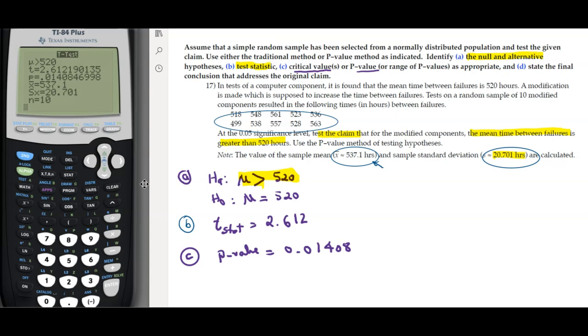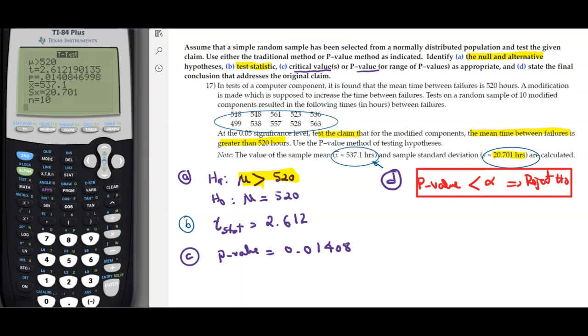And then we're going to decide right now whether to accept or reject. For D here, the rule is: if the p-value is smaller than the alpha value, then you reject H0. So keep in mind this rule, and the only thing you do is put the values in.